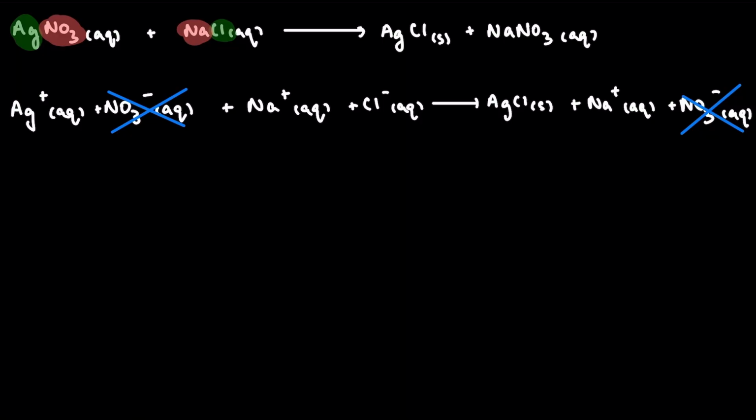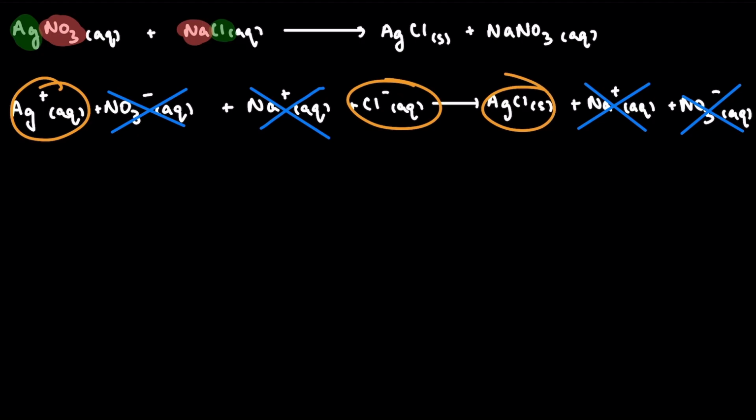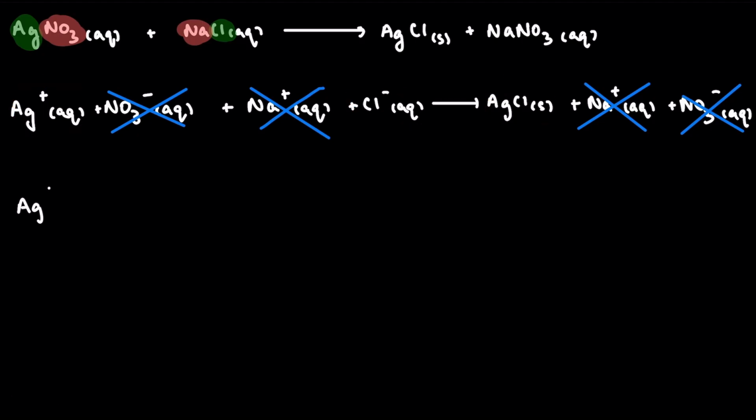So now we have cancelled those two, and I can also see a sodium ion that I can't get rid of. So now what we're going to be left with is our ionic equation. We can be left with our silver, chloride, and silver chloride. And that is our ionic equation.